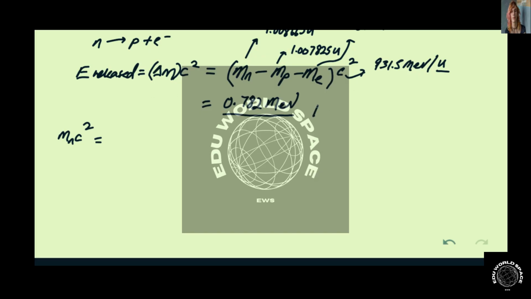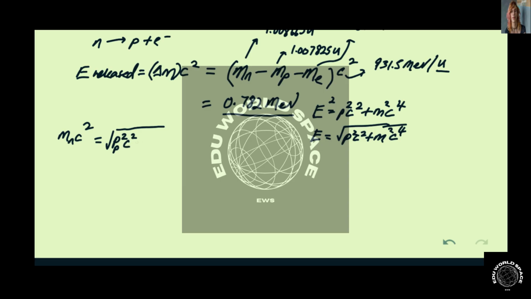For any particle, total energy is given by E squared equals p squared c squared plus m squared c to the fourth. So E is equal to the square root of p squared c squared plus m squared c to the fourth. We substitute that in here, so we have the total energy for the proton, then the total energy for our electron.